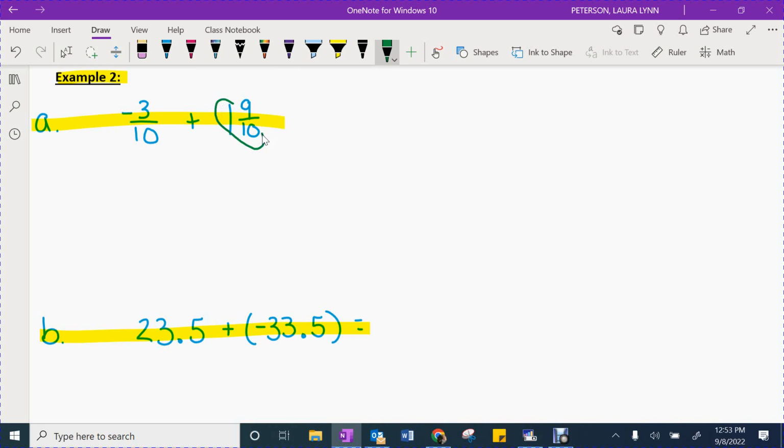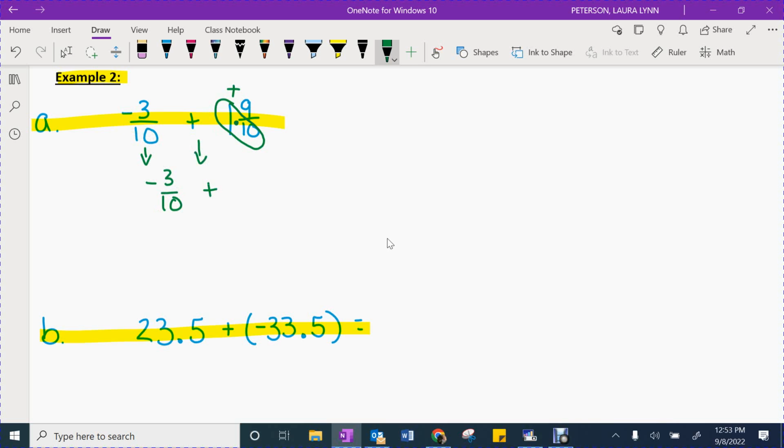I'm going to convert 1 and 9/10 by multiplying my whole number and my denominator and adding my top, which is the numerator. I'm going to rewrite what I have, which is a -3/10 plus, and notice everything got written in the same order. I didn't switch around anything. The -3/10 was on the left.